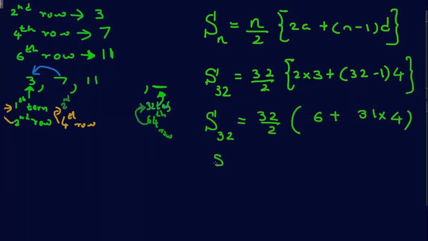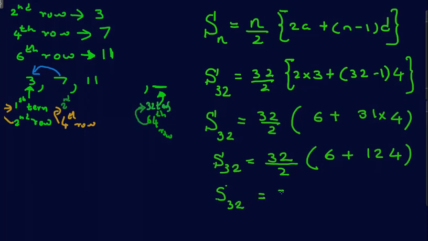So S_32 of this green color progression equals 32 over 2 times 6 plus 31 times 4, which gives you 124. So that's going to be 32 over 2 times 130.